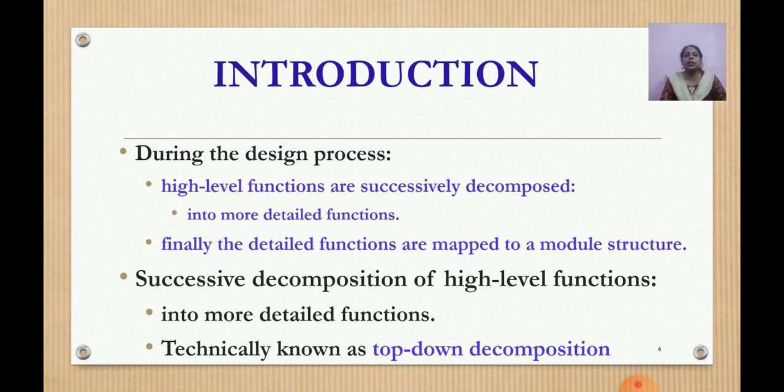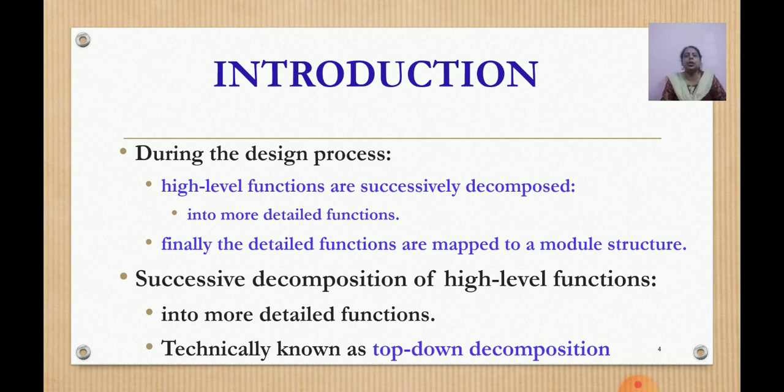So this functional decomposition takes place. Finally, the detailed functions are mapped into a module structure. The decomposition of the functions is known as structured analysis, and the mapping of functions to modules is known as structured design.